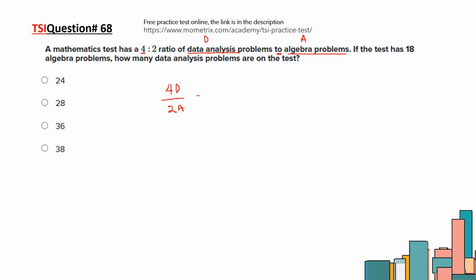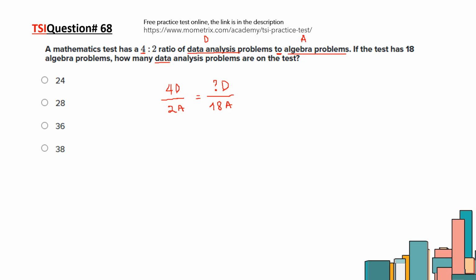Now we set up the equal ratio. On the top will be the question mark, because that is the data, and on the bottom we have the 18 algebra problems.